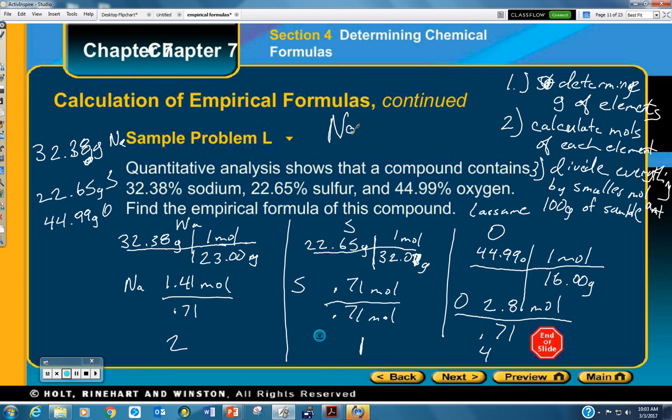When I'm writing sodium, what subscript am I going to put by sodium? 2, then sulfur, S, and then oxygen, 4. Does this look familiar? Sodium sulfate. To verify this, sulfate has what charge? -2. Sodium has a +1. For an ionic compound, this works if we did the crisscross. But you wouldn't have known that to begin with until you did that work.